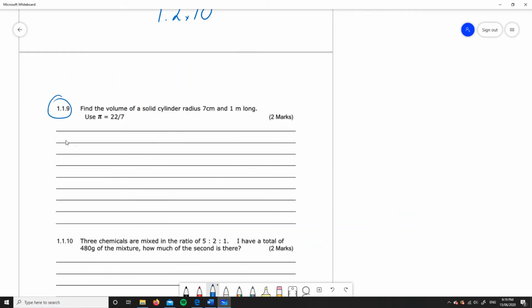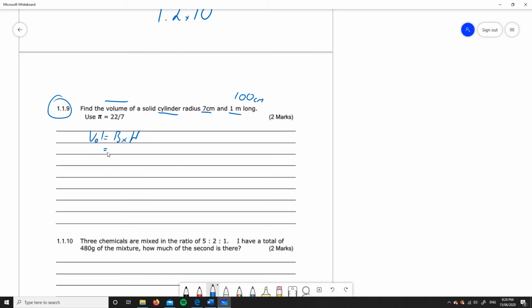Okay, moving on with question number 9. Okay, so we are looking for volume of a cylinder with a radius of 7 and a length of 1 meter. I'm going to go ahead and just put that straight into centimeters so that my units are the same. Alright, so volume equals base times height.